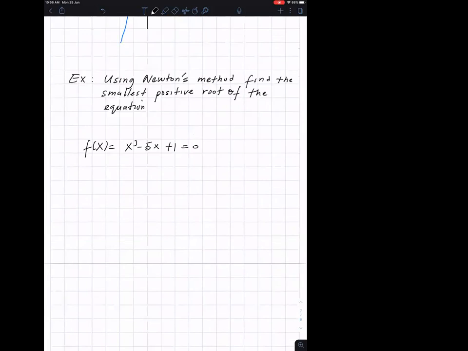Now, same thing as before. You have a root, then you want to find the interval. You just test 2 points. In this case, I'm getting 1 and -3. That's a sign change.